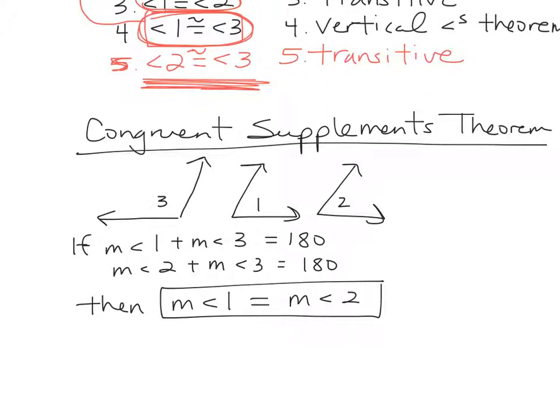Notice 1 plus 3 equals 180, 2 plus 3 equals 180. These two have to be the same because those two are the same and they still add up to 180. Okay, so that is the congruent supplements theorem. The angles are the same if they add up to 180 with the same angle.